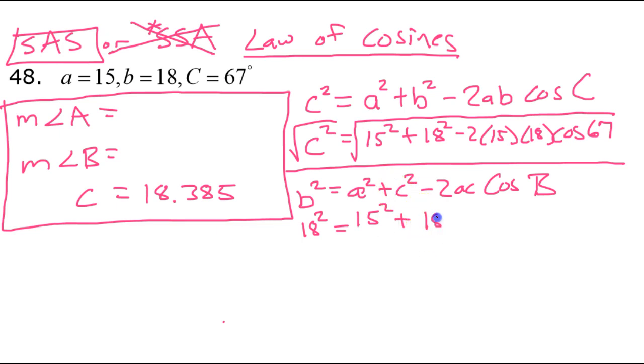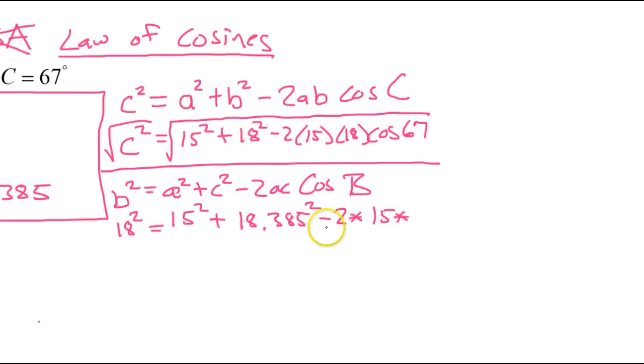So it's going to be 18.385 squared minus 2 times 15. I'm going to need more space. Times 18.385 cosine of angle B. So I need to solve all this for angle B.